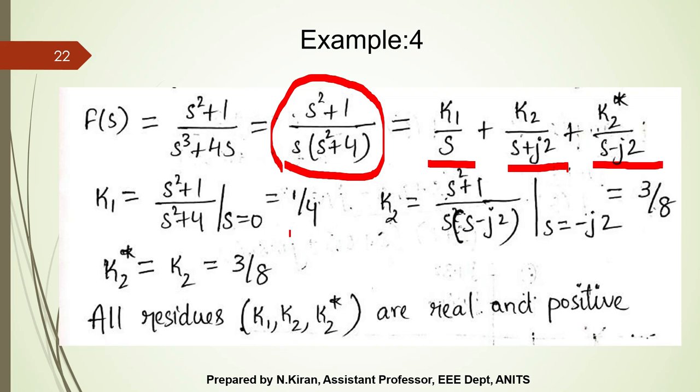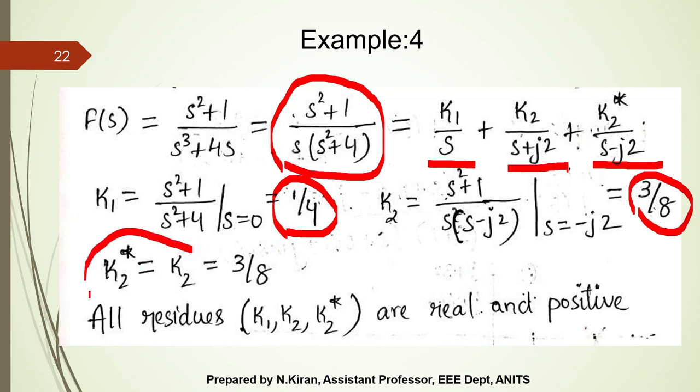K1 is obtained as 1 by 4, k2 is obtained as 3 by 8. The k2 value and k2 conjugate value will be the same, and in this case it is 3 by 8. You can also find it by the regular partial fractions method by writing A by s plus Bs plus C by s square plus 4. You can find the residues by that method also, and you'll get the same expression.